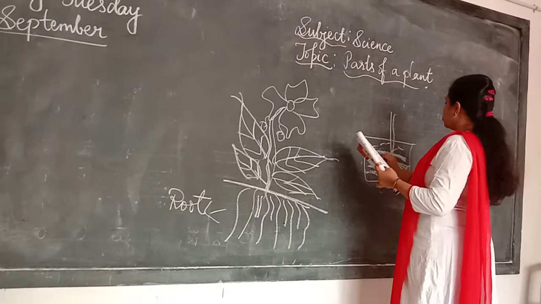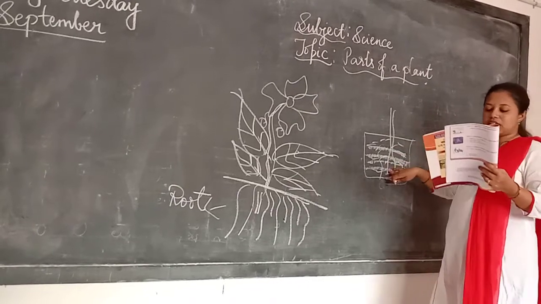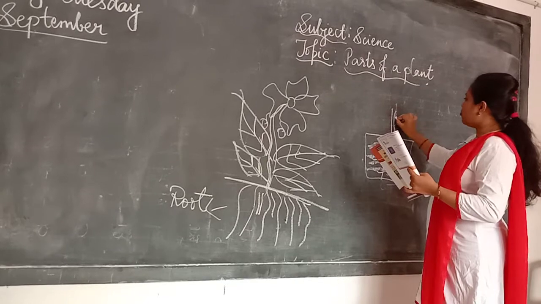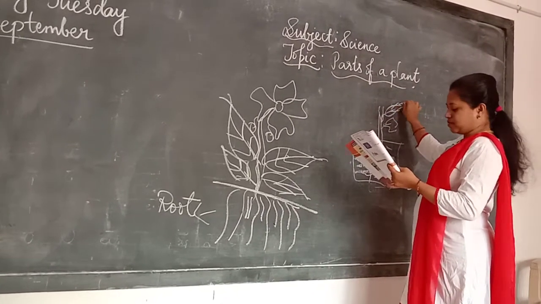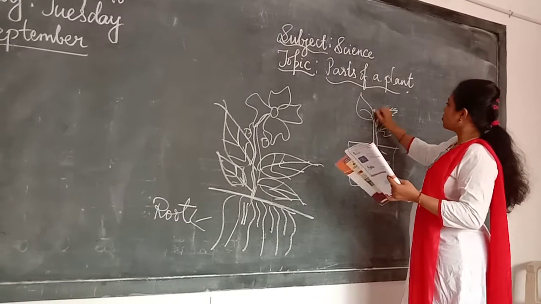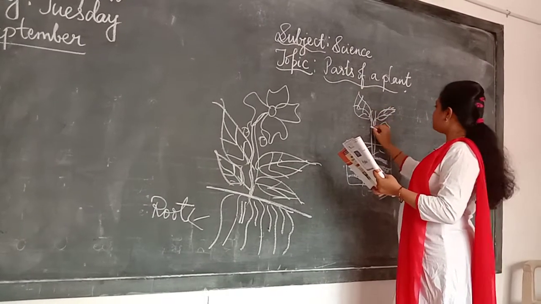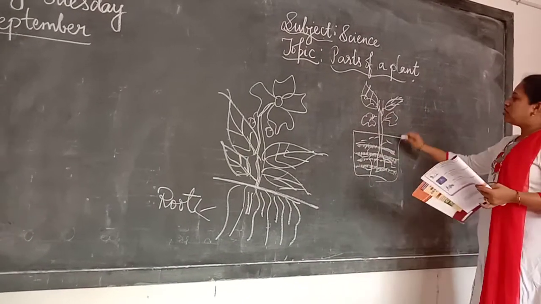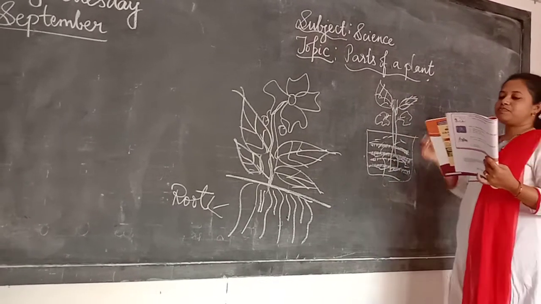If you dip the sapling in a jar with violet color, what you can observe here is that the flower, leaf and all will turn into violet color. So all this flower and leaf will change into violet color.